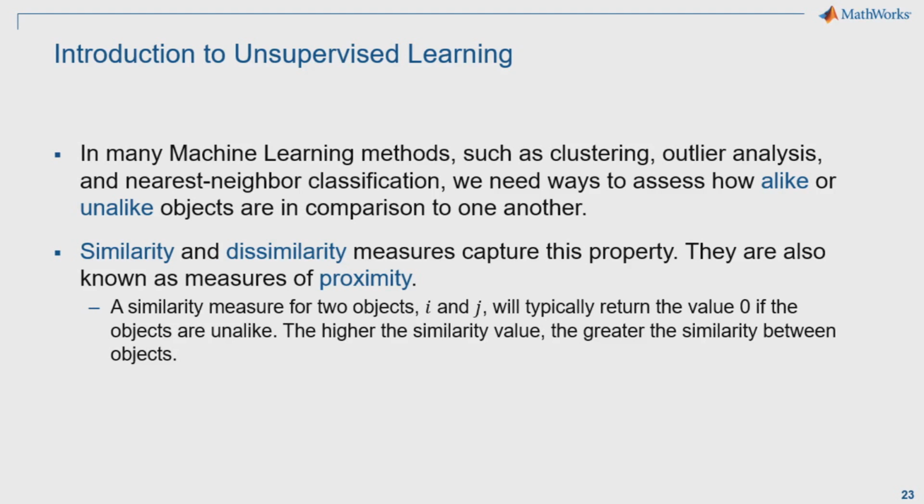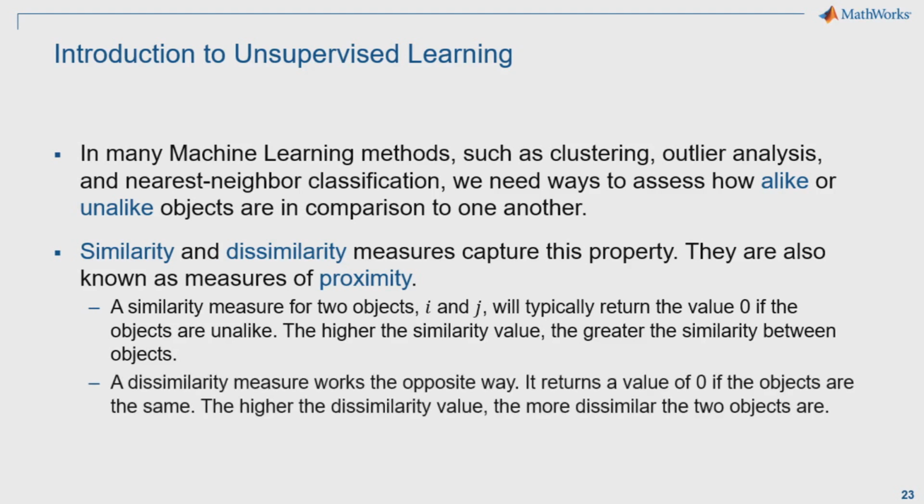They are more alike. On the other hand, a dissimilarity measure works in the opposite way, so it returns a value of 0 if the objects are the same. So if you are comparing two identical objects, it will give you a high dissimilarity value if the two objects are alike.